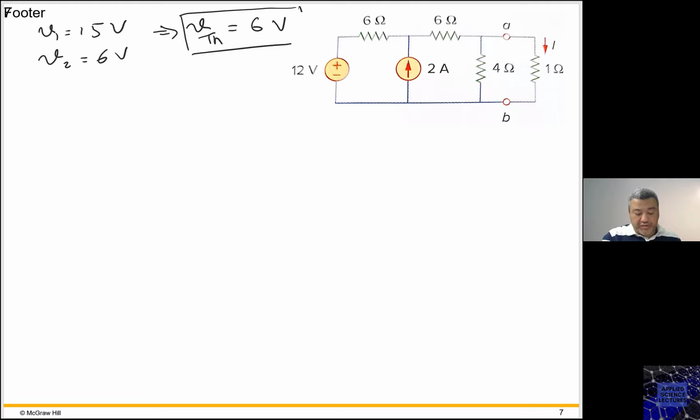So how do we treat them? Voltage source, we replace it with a wire. Current source with an open circuit, which is basically as if we have removed it.